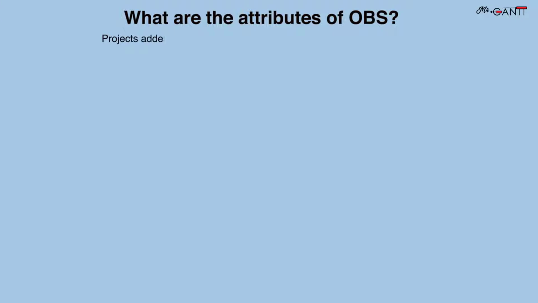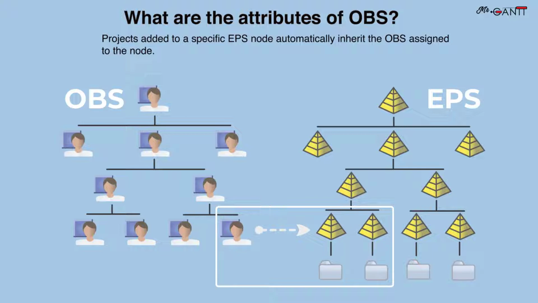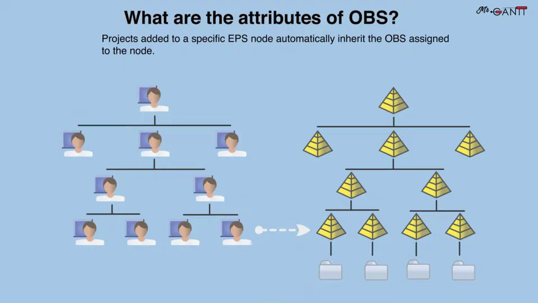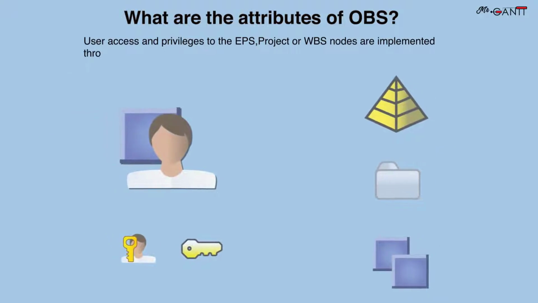Projects added to a specific EPS node automatically inherit the OBS assigned to the node. User access and privileges to the EPS, projects and WBS nodes are implemented through OBS.